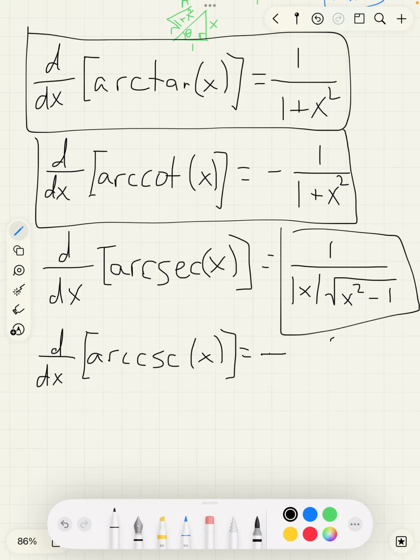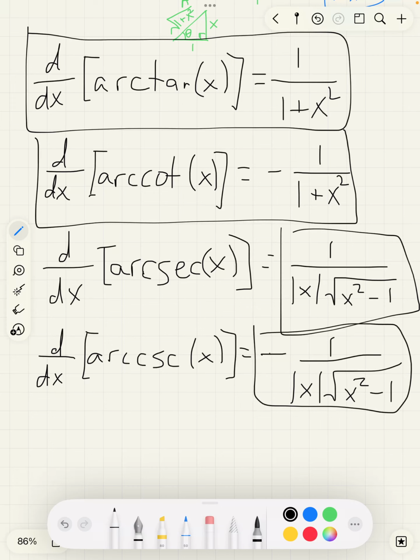So negative 1 over absolute value of x times square root of x squared minus 1. So that combined with what we discovered earlier gives you all of your inverse trig derivatives.